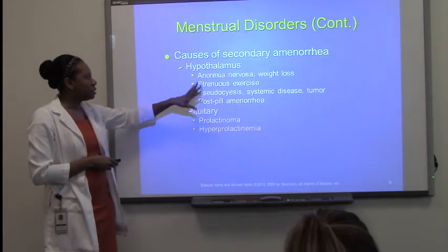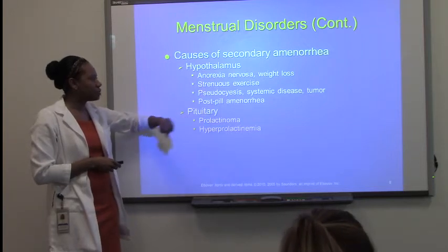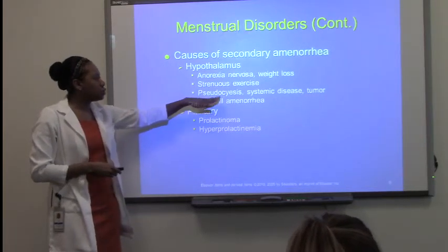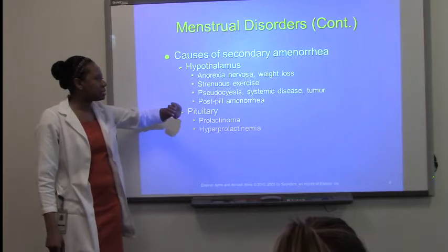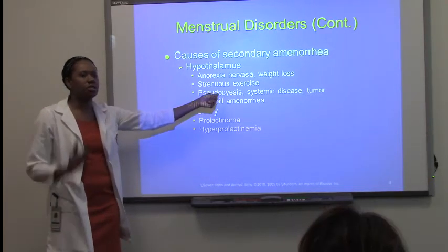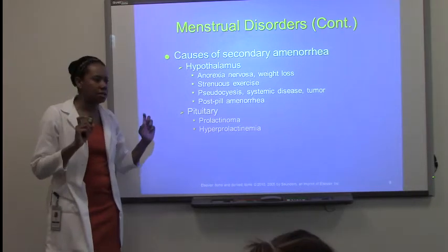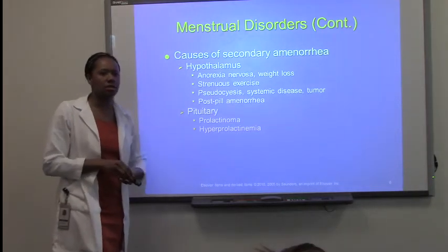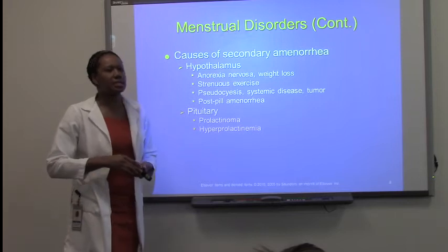Hypothalamus, we talked about, anorexia nervosa, strenuous exercise. Something called pseudocyesis. I'm not sure if I'm pronouncing that correctly. But this term is considered false pregnancy. So what does that mean?